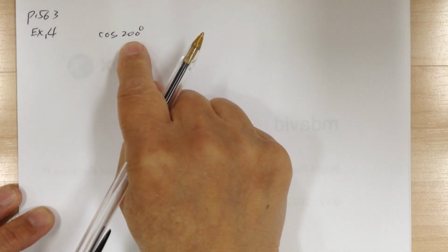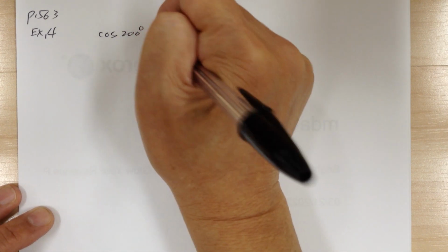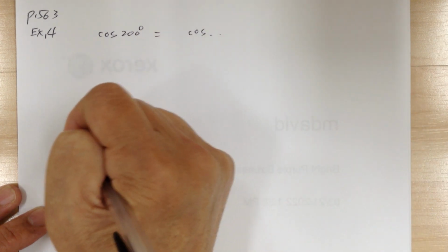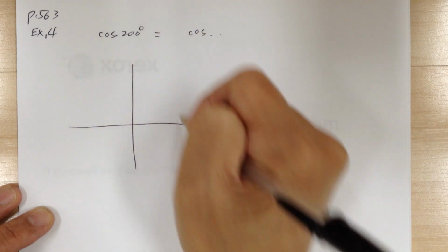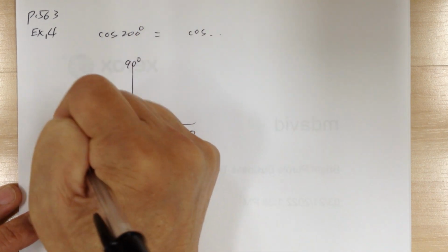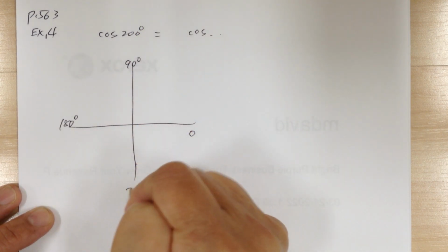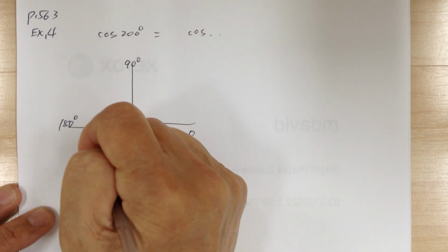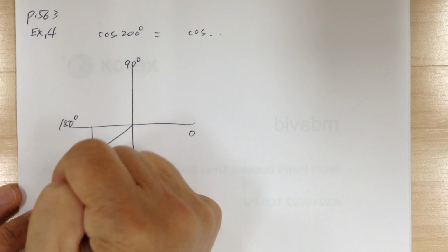Means you want to make this between 0 and 90. Okay, so you want to make this equal to cosine of something. Now again, you want to draw that. So here's your 0, 90 degrees, 180, and 270. So 200 is going to be about right over here. Okay, so here's your 200.